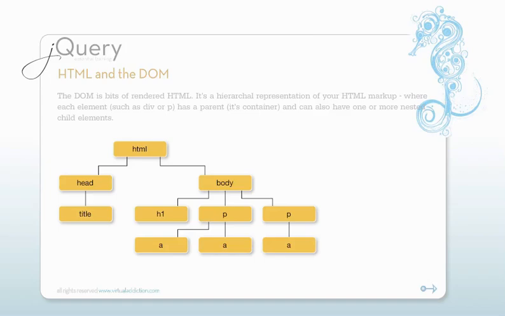A good working knowledge of the DOM and how to use it well is going to ensure a successful understanding of how to use jQuery. The DOM is basically bits of rendered HTML. It's a hierarchical representation of your HTML markup, where each element, such as a div or a P, has a parent, which is its container, and can also have one or more nested child elements.